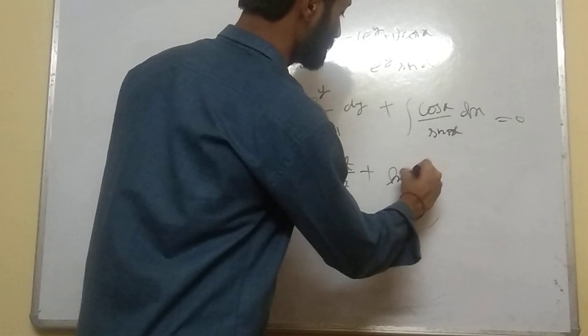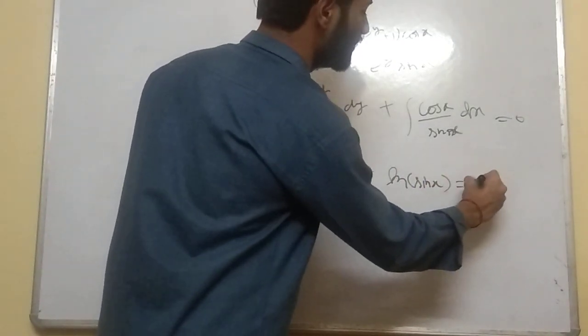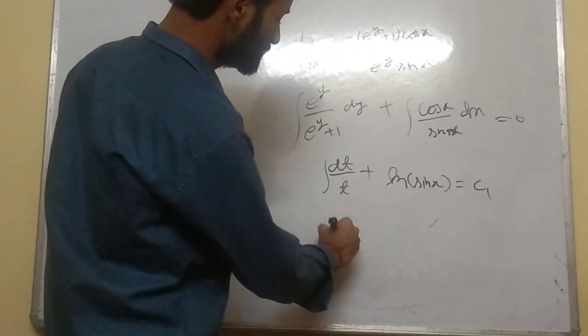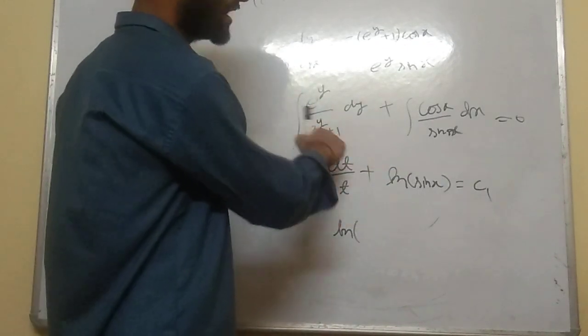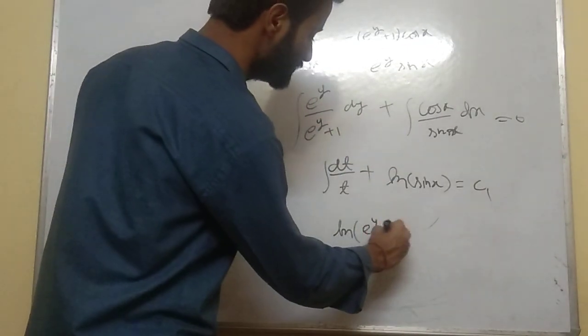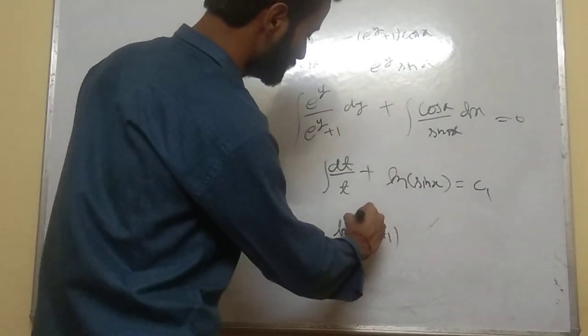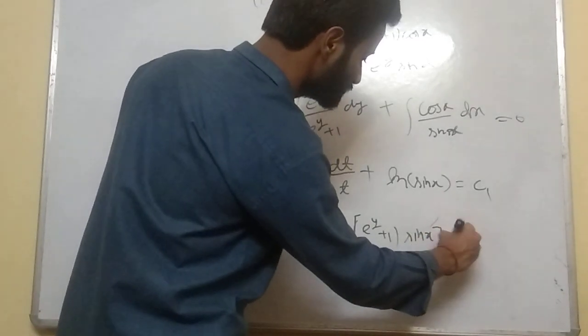So this will become log t plus log sin x is equal to c1, and t is e to the power y plus 1. So you can combine the logs.